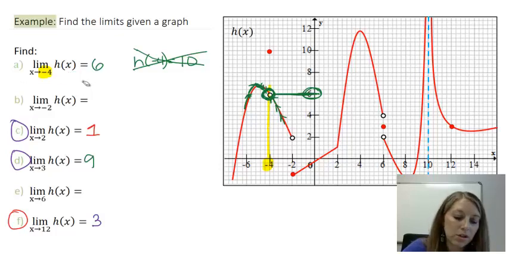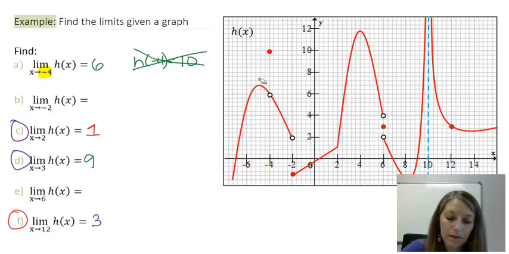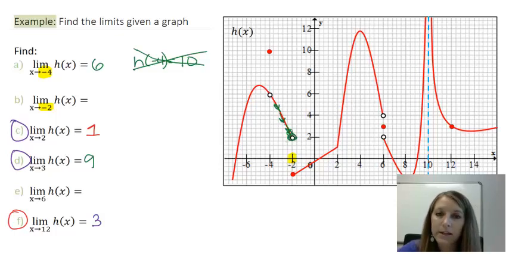Okay, let's move on to example B. That is looking for x is approaching -2. So I find -2, and I trace my graph from the left of -2. So from the left of -2, my graph is leading me to this point here. And I trace my graph from the right of -2. And that is leading me to this point here.